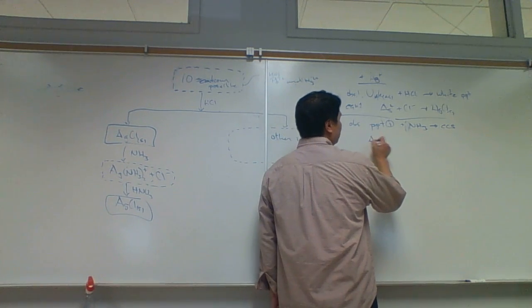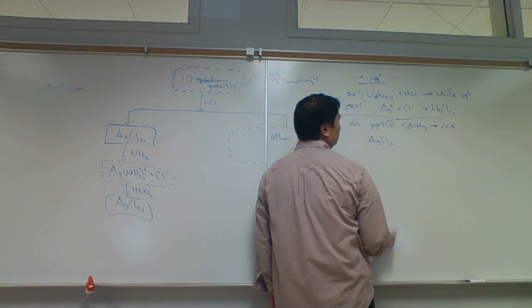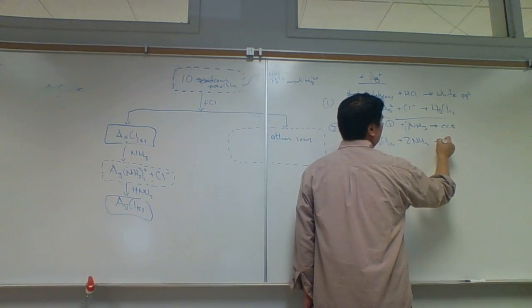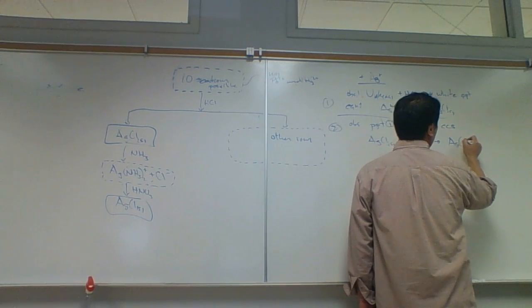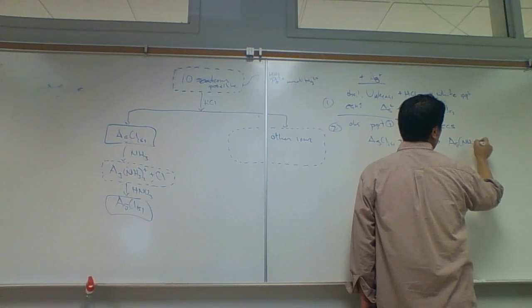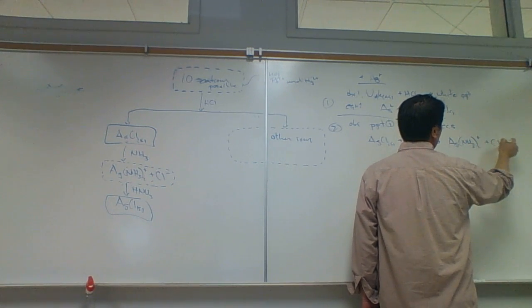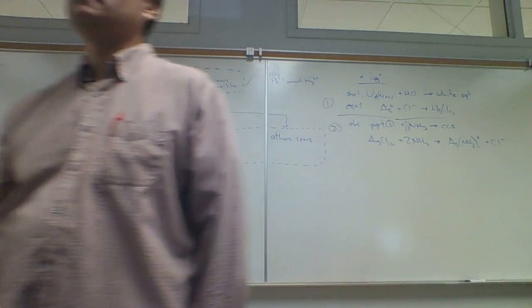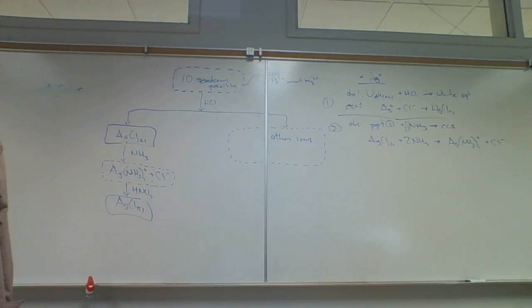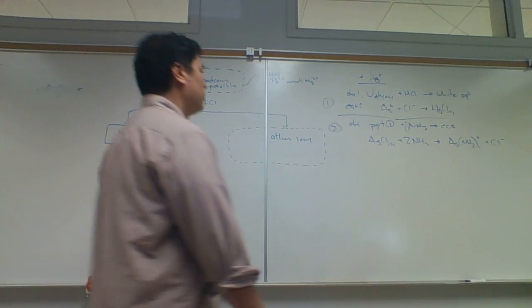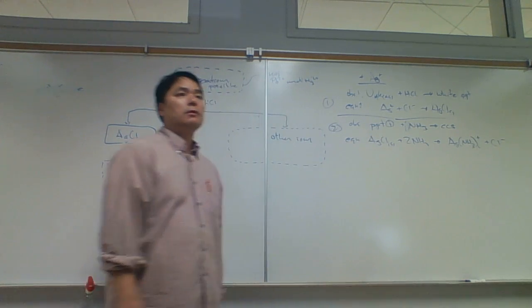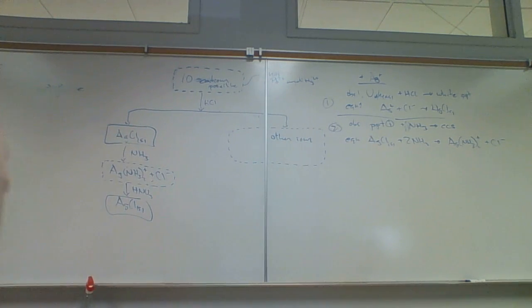The equation for that is this: silver chloride solid plus 2 ammonias yields this: diamine silver ion, and chloride in solution. What kind of reaction is that? When we form complexes, what kind of reaction is it? Formation of complexes is what type of reaction?